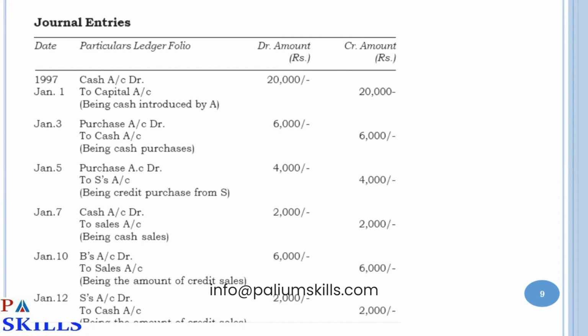So this cash account debit to capital account, this is the date. Each date wise, you will be recording it. And this date will be in a particular accounting period. That accounting period in the system has to be open. If it is closed, you cannot enter a transaction.